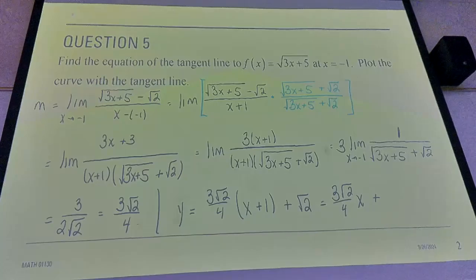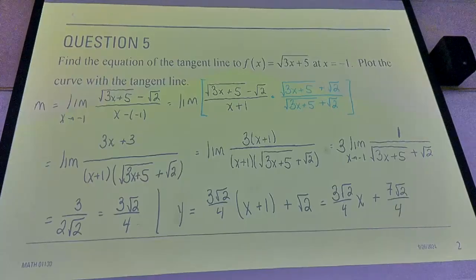Three root 2 over 4 plus root 2. So 3/4 plus 1 essentially. Is it 7 square root 2 over 4?